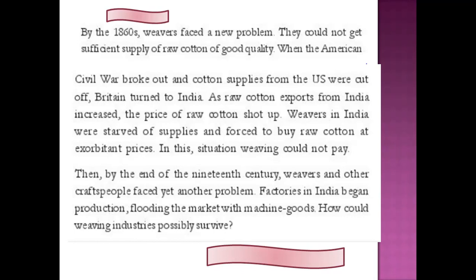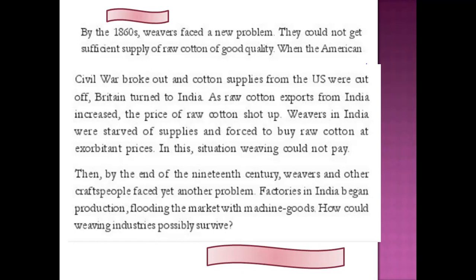So what was another reason? The first reason was that our goods were not exported to England. Second, whatever goods were imported from England to India were at cheap prices, so the Indian market was lost.